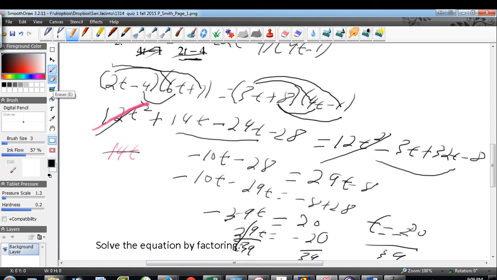Let's erase that a little bit. Could use a little harder eraser, but that's okay. Get that hardness. Sorry. There we go. Go back to my pencil. So that should give me minus 20 over 39.